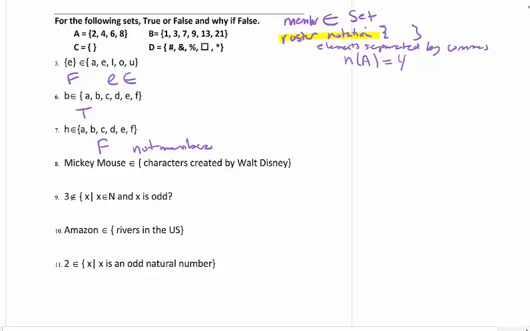Now, I want to kind of put another piece here on the side. This is a piece that some people get wrong for number 5. I'm going to write it differently. We have E as an element, and I'm going to put only 3 pieces in here.